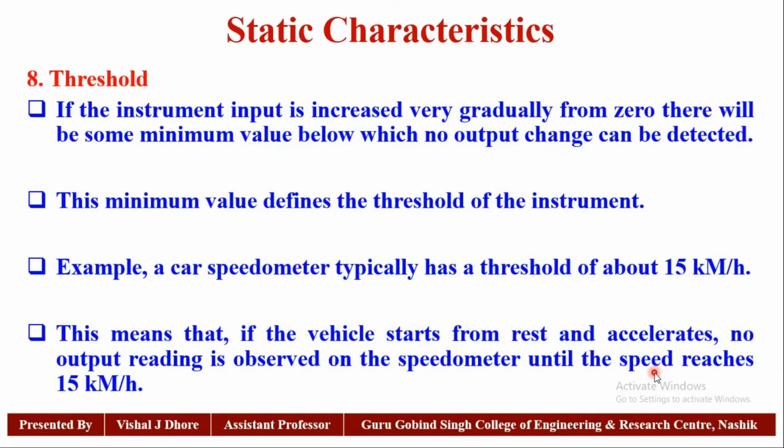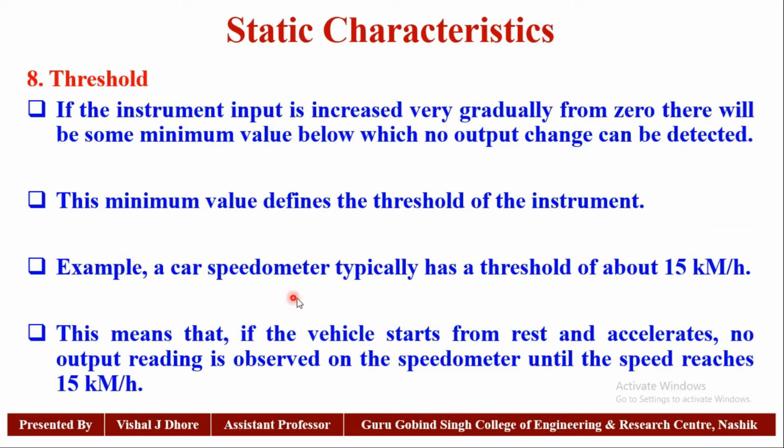Next is threshold. If the instrument input is increased very gradually from 0, there will be some minimum value below which no output change can be detected. This minimum value defines the threshold of the instrument. To understand this concept, we take one example.